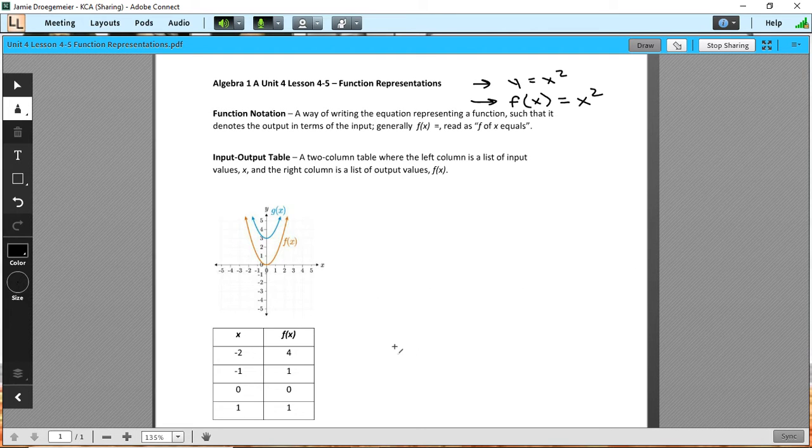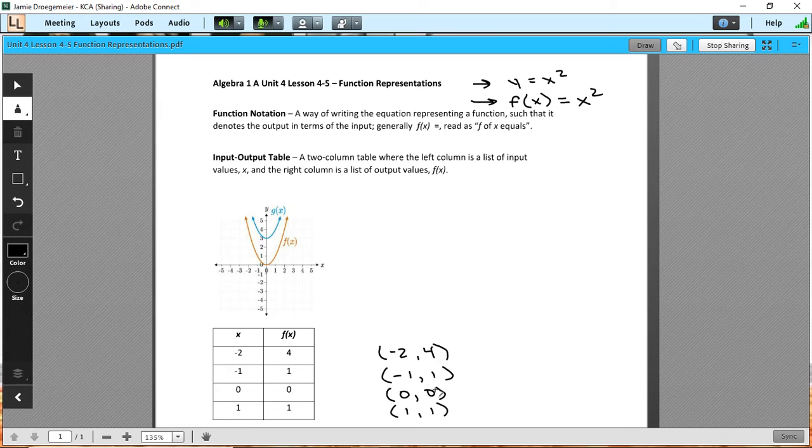Remember, in ordered pair form, this would be -2, 4; -1, 1; 0, 0; and 1, 1. The x value or input value is first, then the output value.